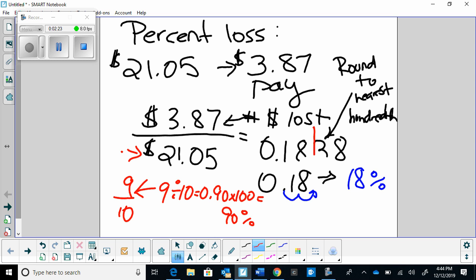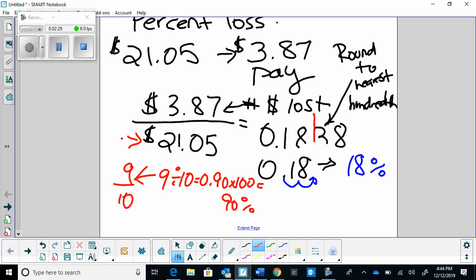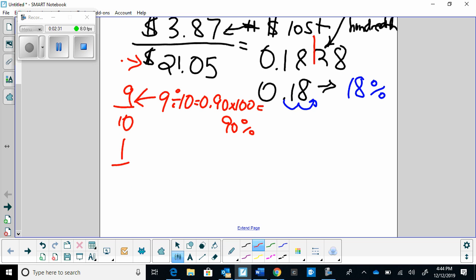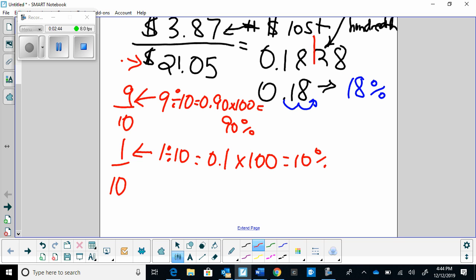If I wanted to know the percentage of the questions that I got wrong, I got 1 question out of 10 wrong. So I go 1 divided by 10, which would be 0.1. I multiply that by 100, and that would give me 10%. Which makes sense: I got 90% of the questions correct and 10% incorrect.